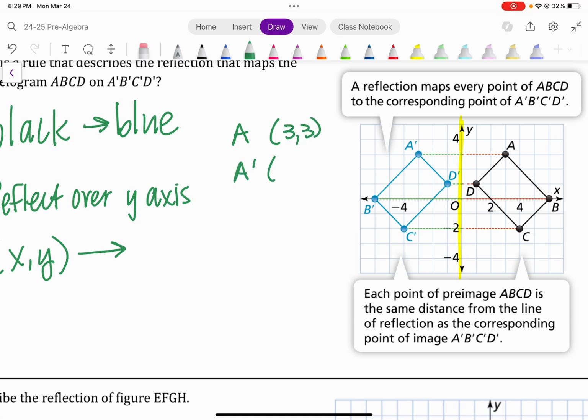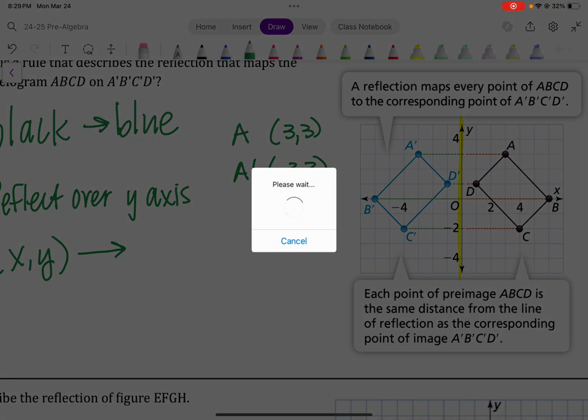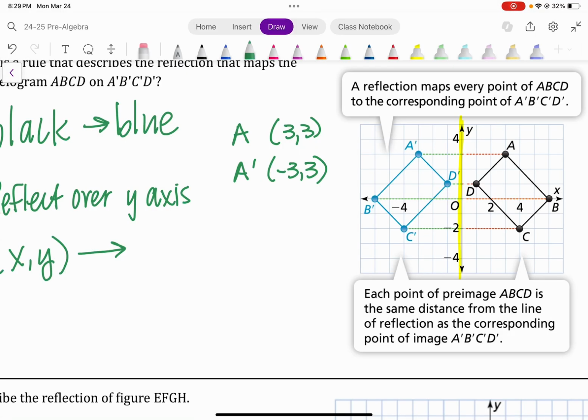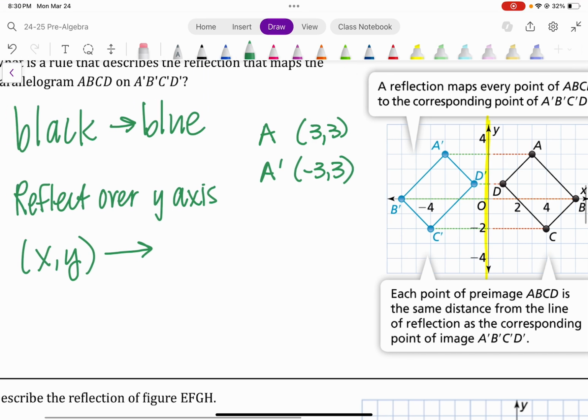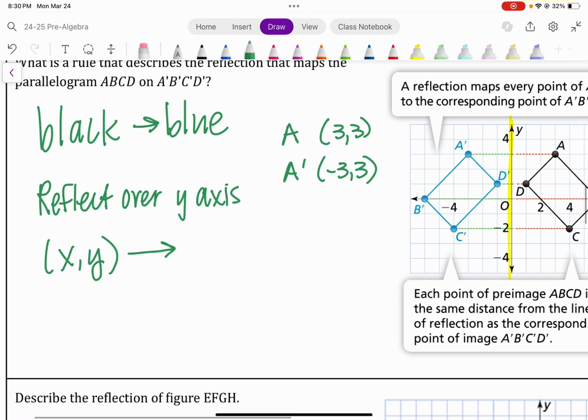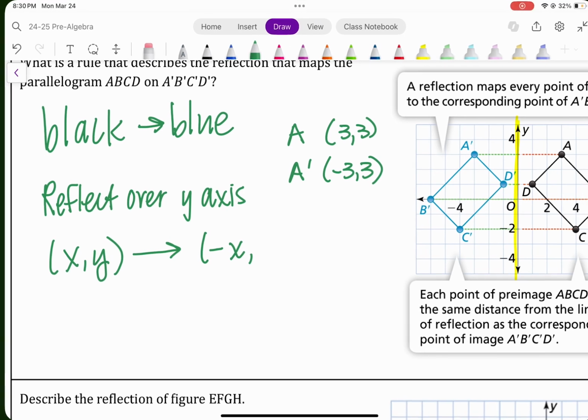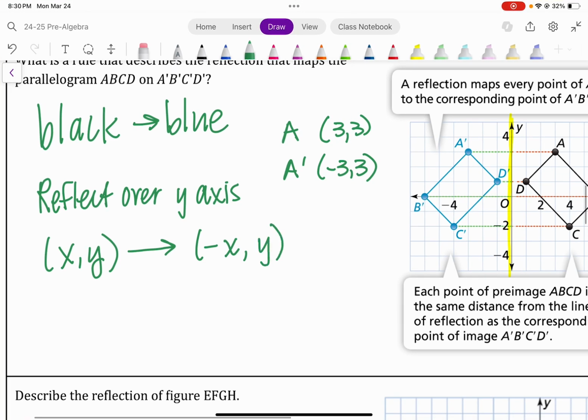And A prime is at negative 3, 3. So when we reflect over the y, the y value stays the same, and the x becomes the opposite. So opposite x, y. And I'm just going to remind myself that this is opposite x.